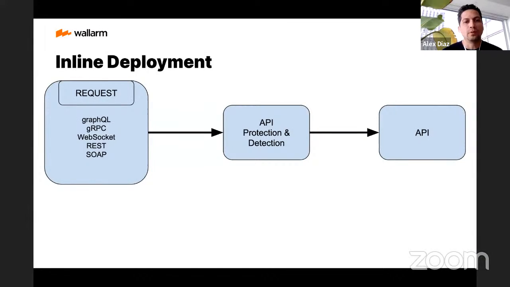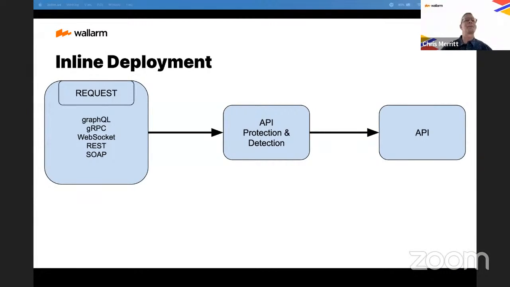That's probably familiar to you. It's the web application firewall type of deployment. The traffic is in the line of fire, so all the connections go through the security solution before reaching your applications.